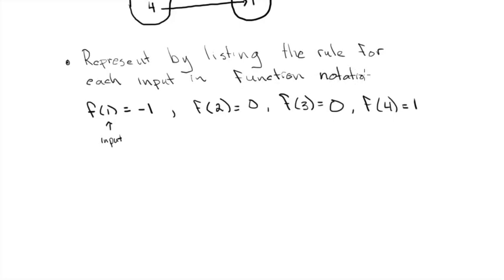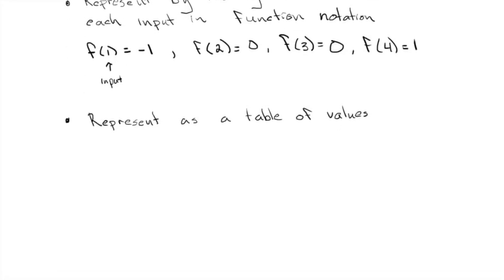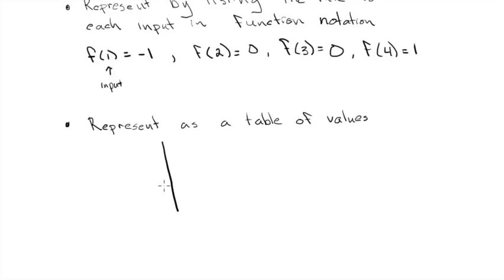A third way to represent it is as a table, or a table of values, you could call it. So as a table of values, what you're going to have is 2 columns. The first column is usually your independent variable, or the variables from your domain, and the second column is your dependent variable.